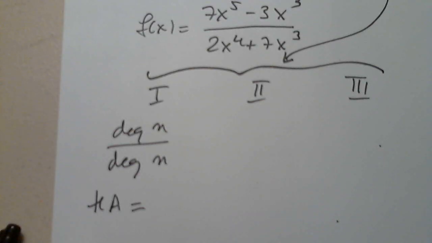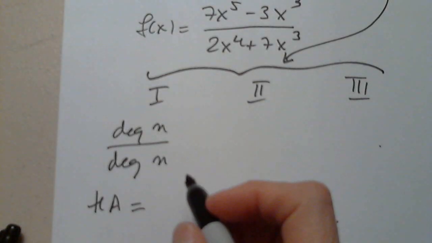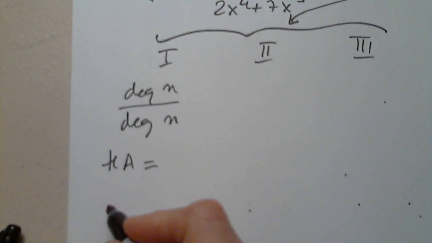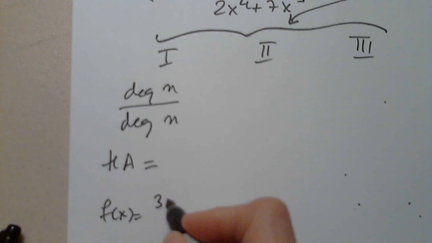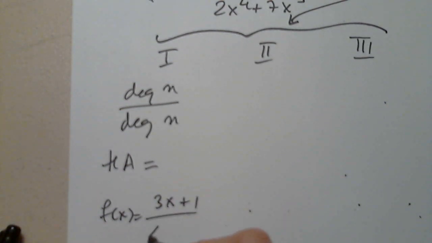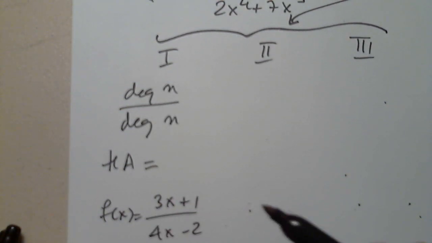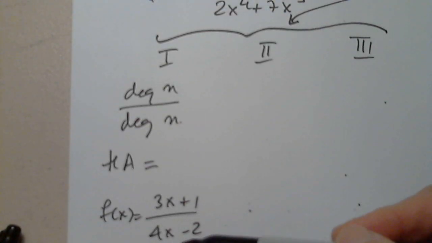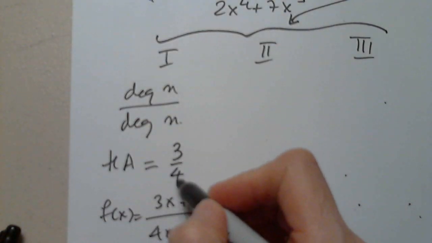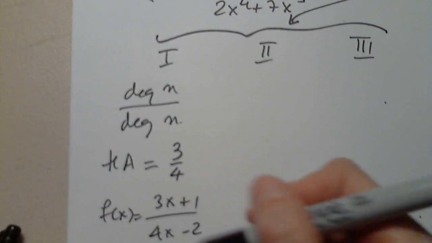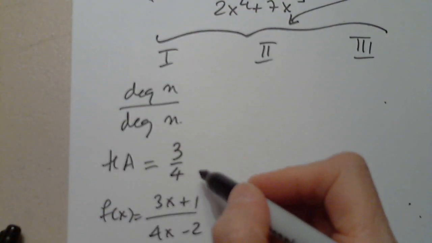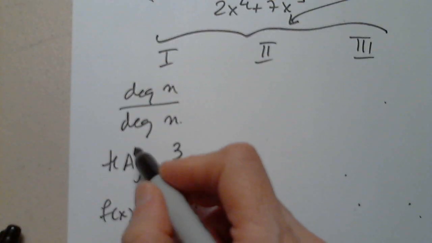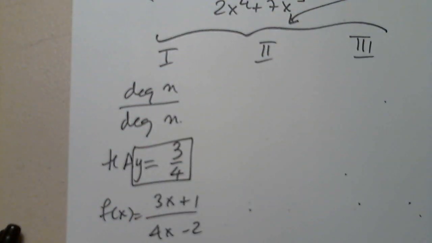How do we determine it? Well, it's the ratio of the leading coefficients. So here's an example. If I have f of x equals 3x plus 1 over 4x minus 2, same degree, degree 1 over degree 1. The leading coefficient at the top is 3, at the bottom is 4. The horizontal asymptote is y equals 3/4.